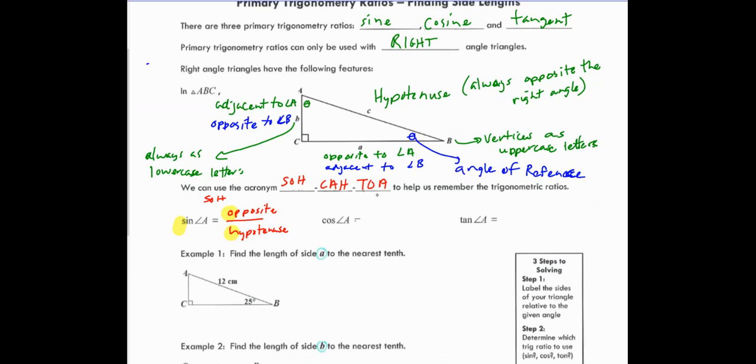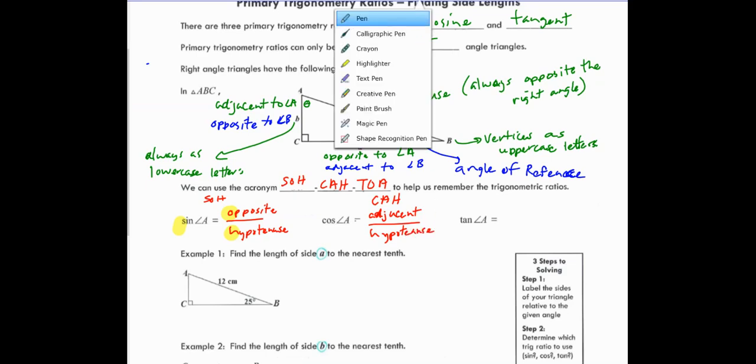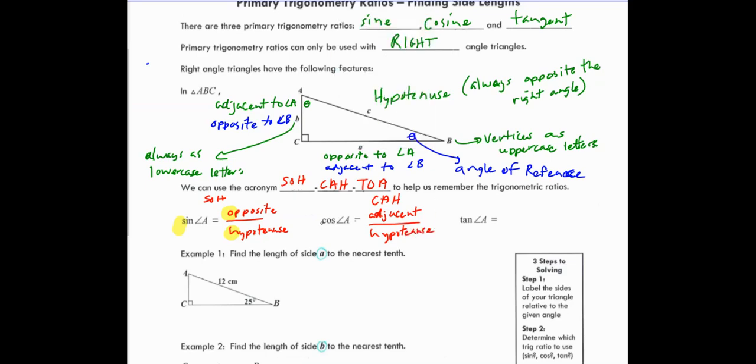Next we have CAH. When we do CAH, we focus on the adjacent side over the hypotenuse side. So we have C, A, H.